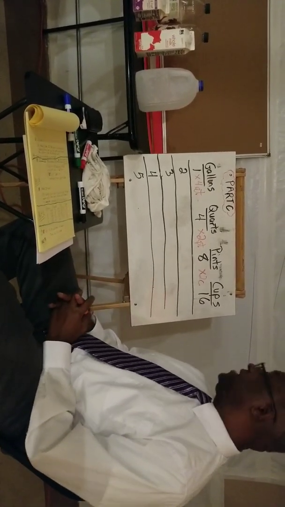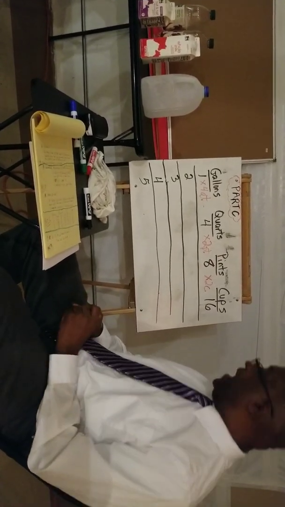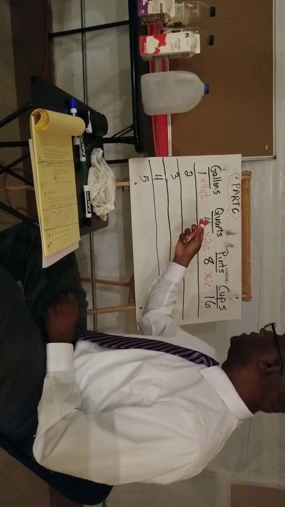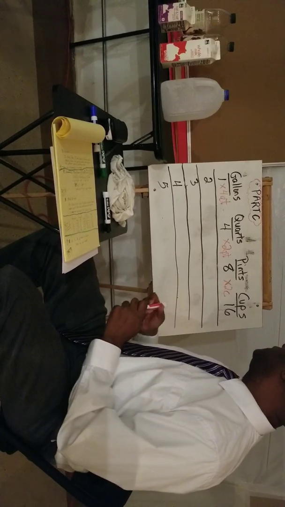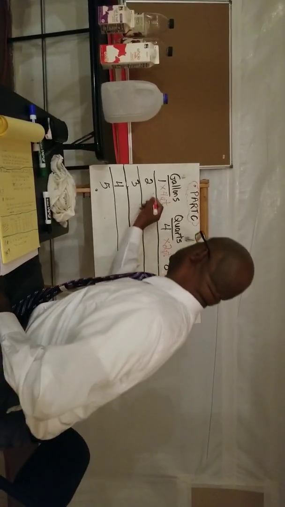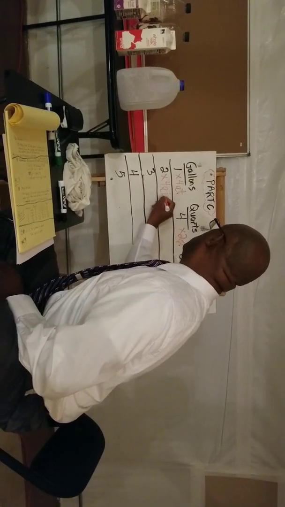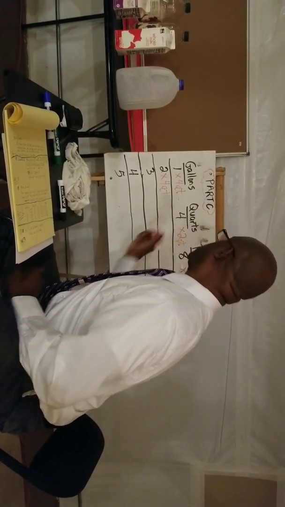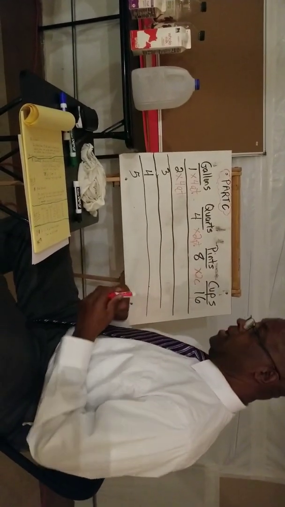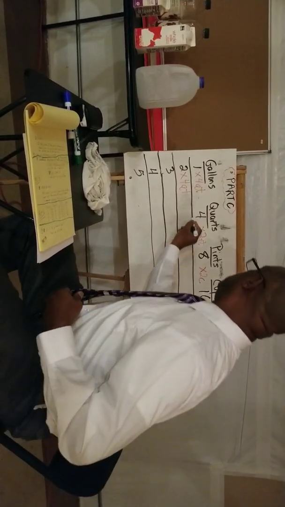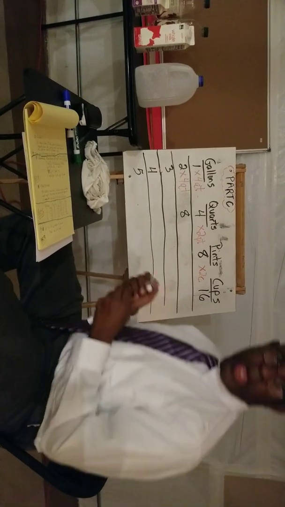Now, what are the equivalencies for 2 gallons? So to go from, once again, convert from gallons to quarts, we know that there are 4 quarts in every gallon. So 2 times 4 quarts will give you 8 quarts.